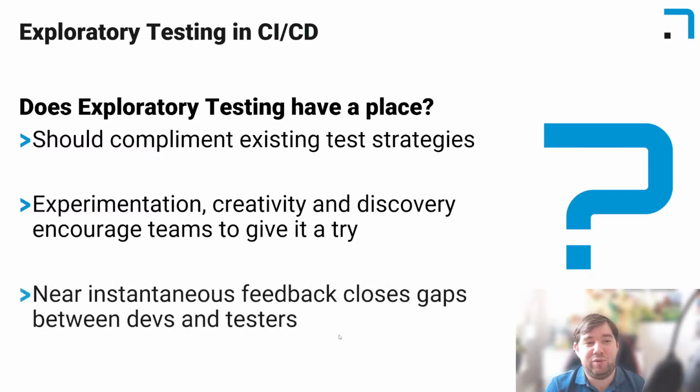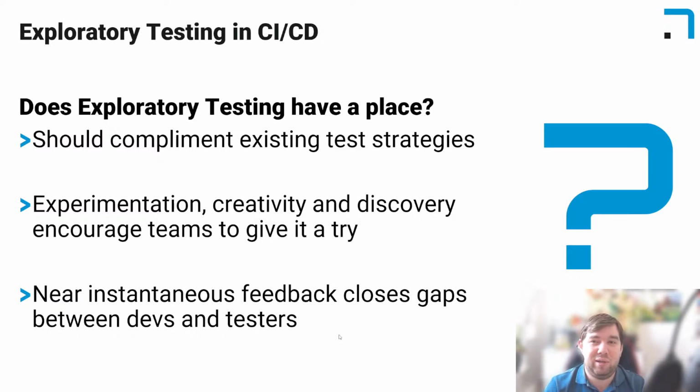Exploratory testing also means we can get near instantaneous feedback between developers and testers. If developers give us a finished piece of software right now, then we as testers can immediately perform some exploratory testing on it. Even before we've written our automated tests, we can get some immediate feedback to developers if we find any defects.